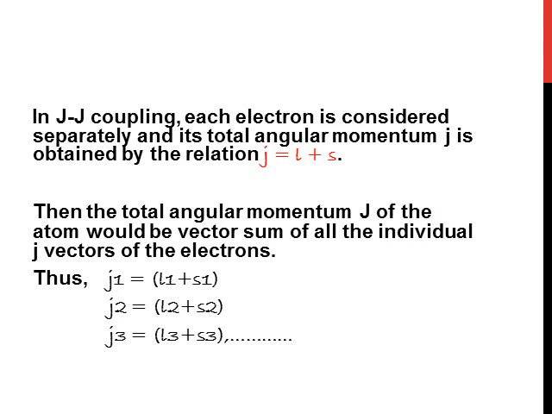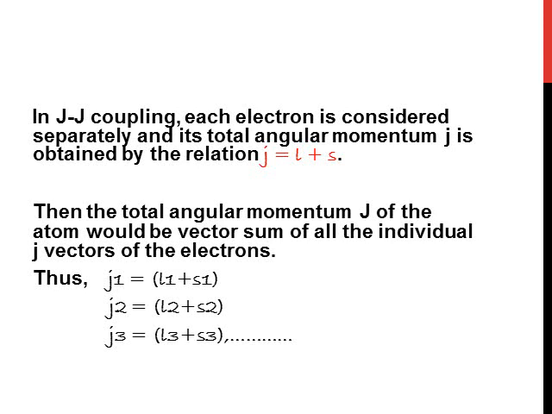Consider an electron. An electron possesses two types of angular momenta, as we said earlier, orbital angular momentum and spin angular momentum. Combining these two angular momenta for one electron results in J. So J1 is the summation of the orbital and spin angular momenta of the first electron. J2 is the summation of the orbital angular momentum and spin angular momentum of the second electron.